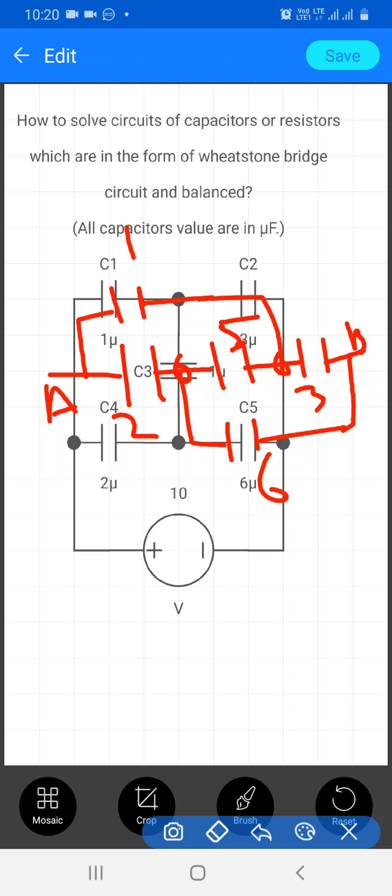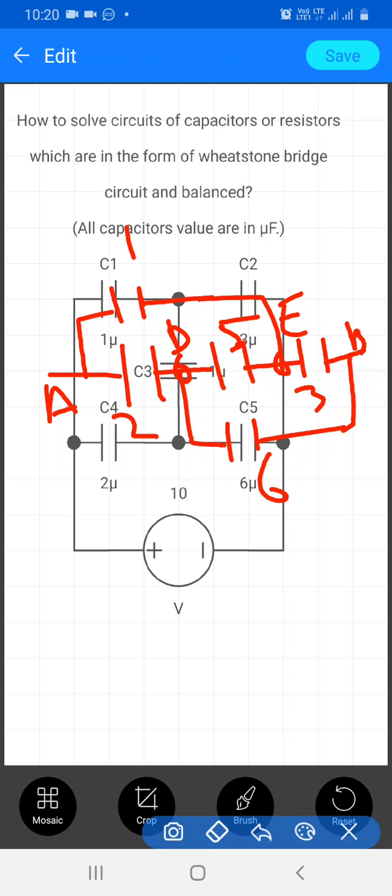No charge will flow, and this branch I put here DE, this branch will be open circuited, and the remaining two capacitors on upper portion will be in series and on lower portion also will be in series, and combination will be in parallel.